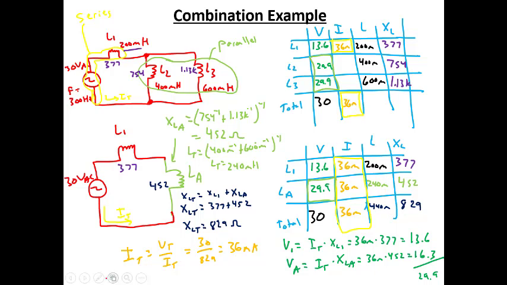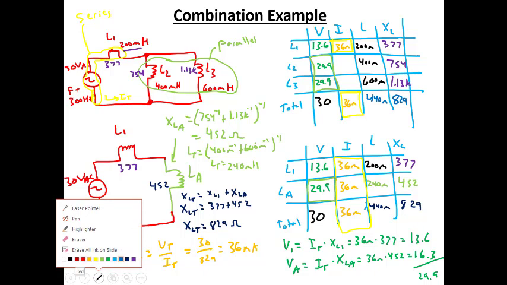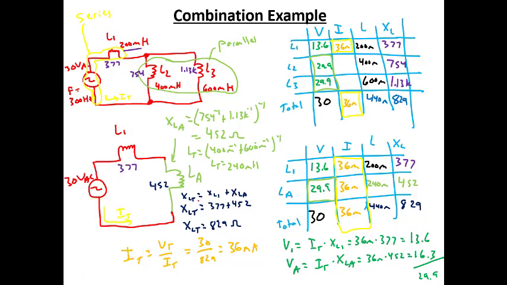I can also bring up the total inductance, 440 millihenries, and then I can bring up this one, 829, and all I have left, and I'm going to make this really messy here, is to find the currents for L2 and L3.